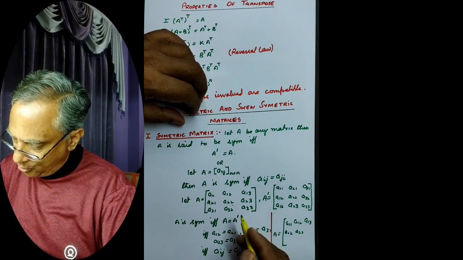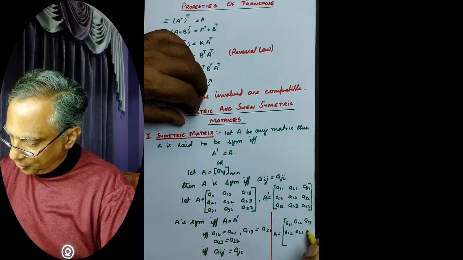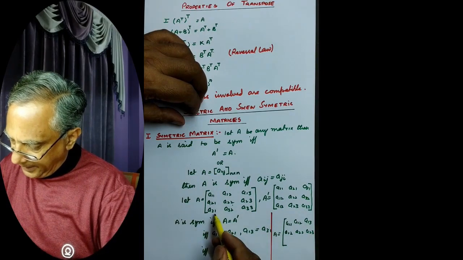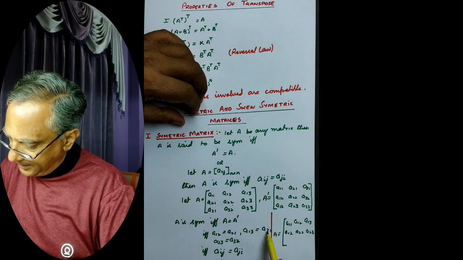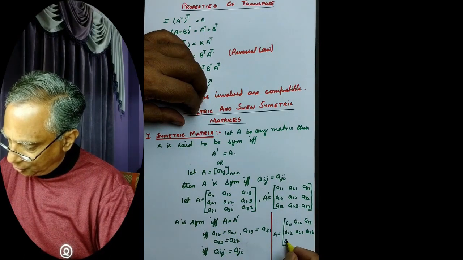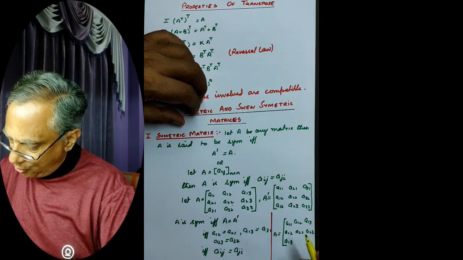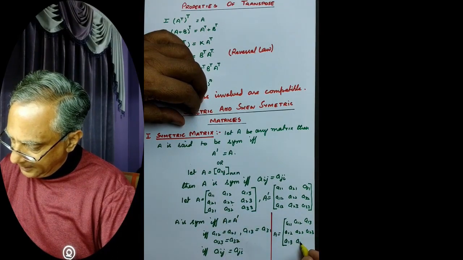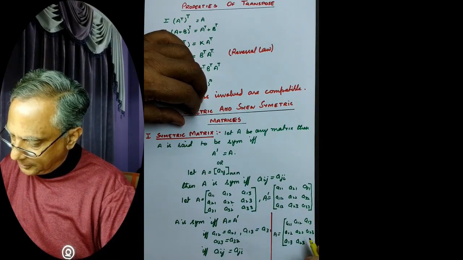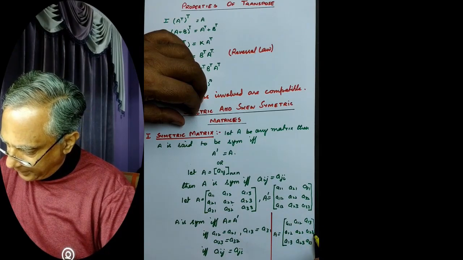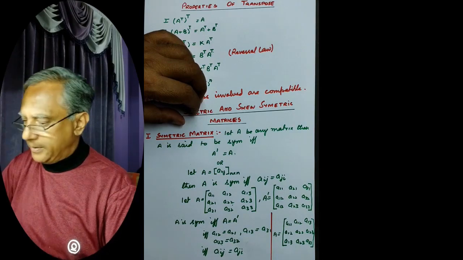This is A22 and A23. And A31 can be written as A13. And A32 can be written as A23. A33 is A33. So we get this matrix.